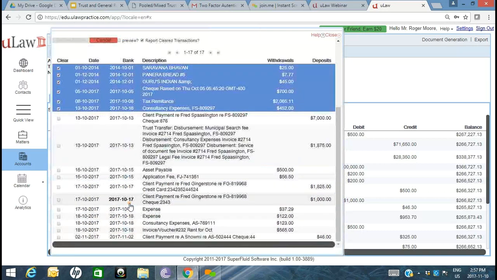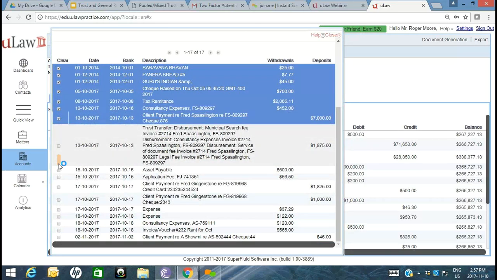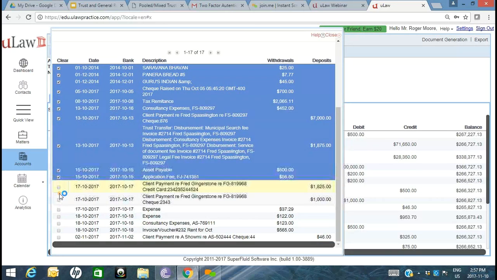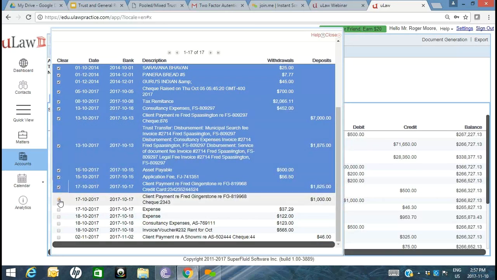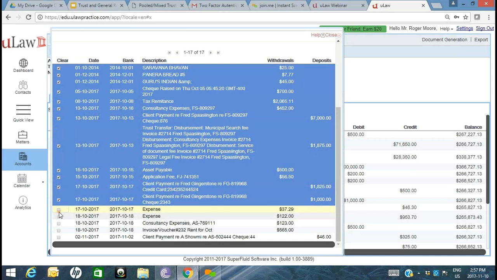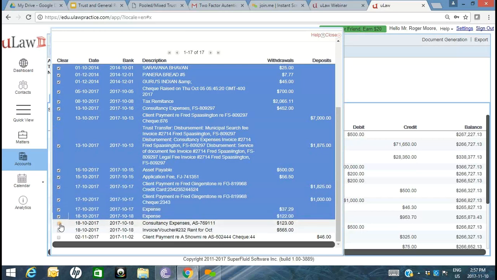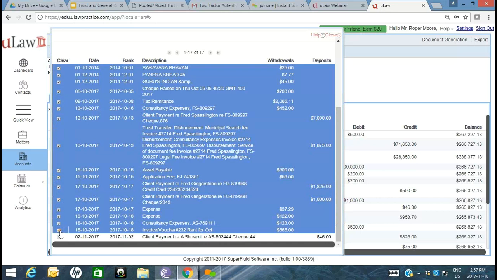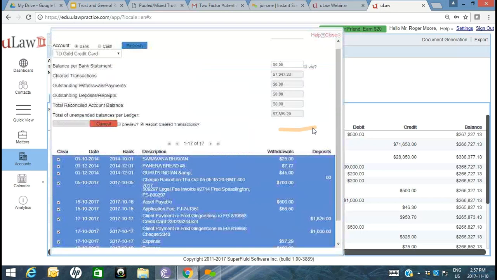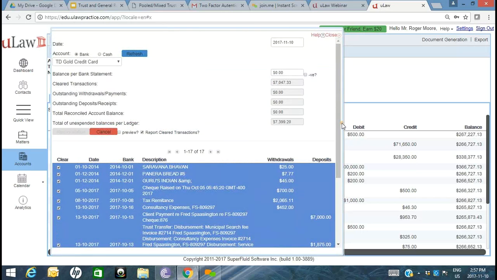You do the same thing for your general. Okay? Same thing. This obviously takes in all of the expenses that you've had. You've got the Panera Breads, the different restaurants that you've had dinner, etc. Right? You can clear them. Again, same thing.